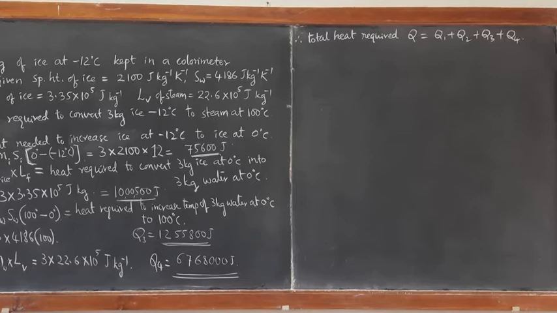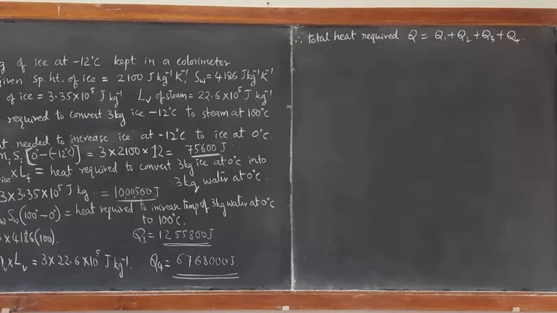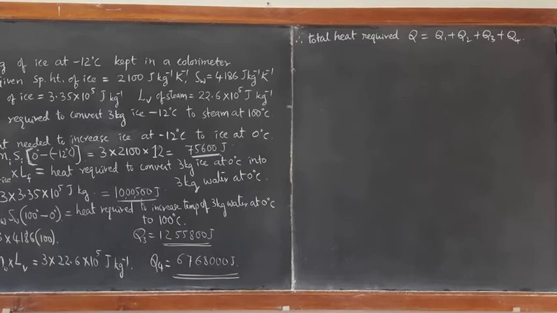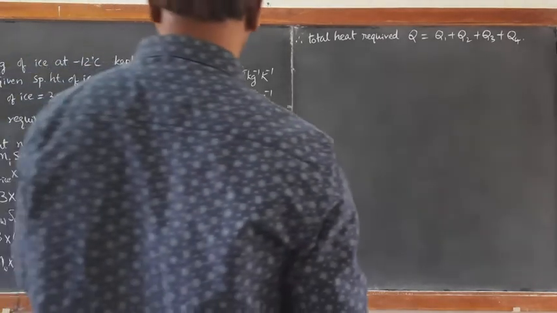So total heat required Q is equal to Q1 plus Q2 plus Q3 plus Q4, means total heat required to convert 3 kg of ice at minus 12 degrees Celsius into 3 kg of steam at 100 degrees Celsius. Q is equal to, using these steps, we can write it.